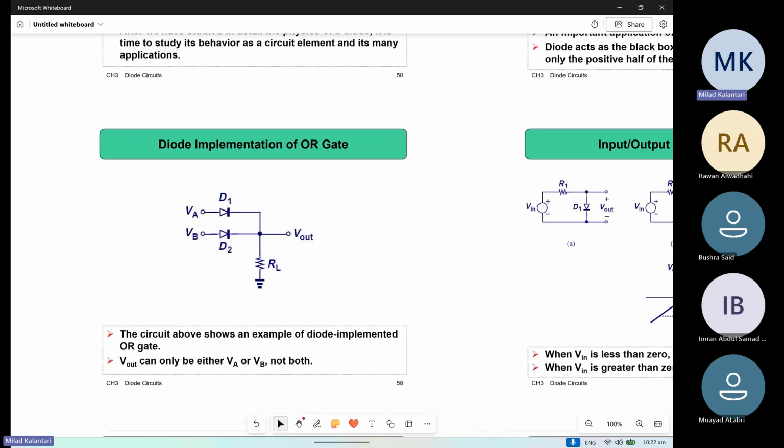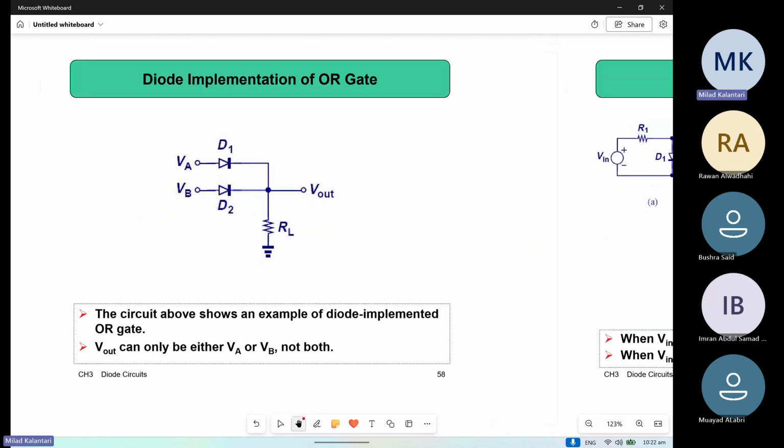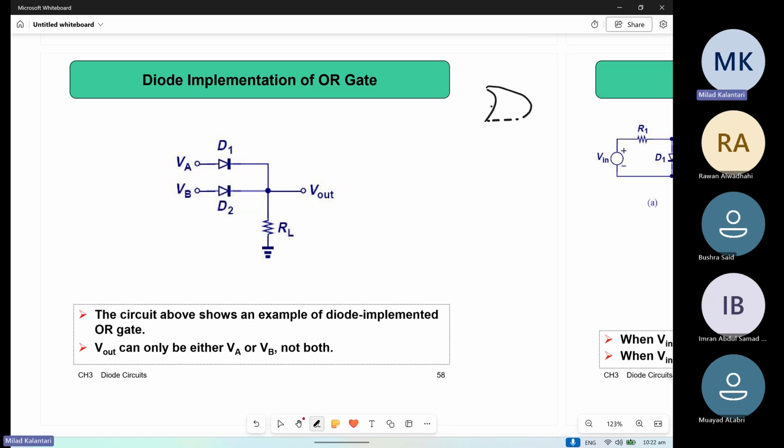So here we are showing that this diode circuit can be used for the OR gate. Do you know what an OR gate is? The logic circuit, right? The OR gate is shown like this with this symbol. It has, let's say, two inputs x1, x2, and one output, let's say y.